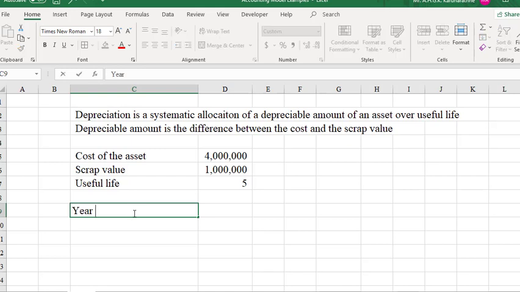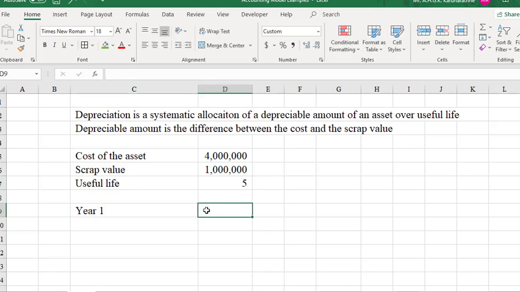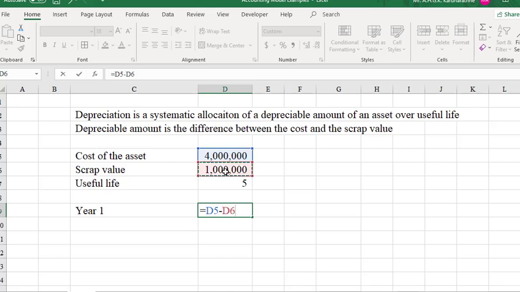Year 1 depreciation: the depreciable amount is cost minus scrap value.